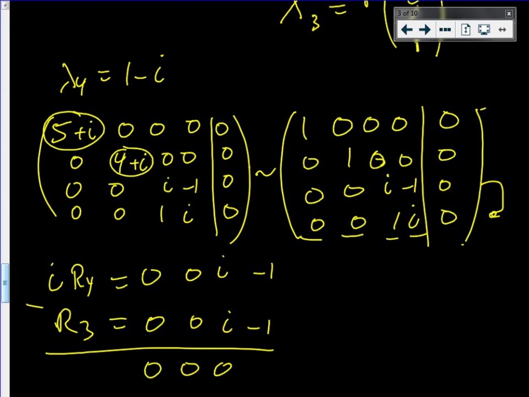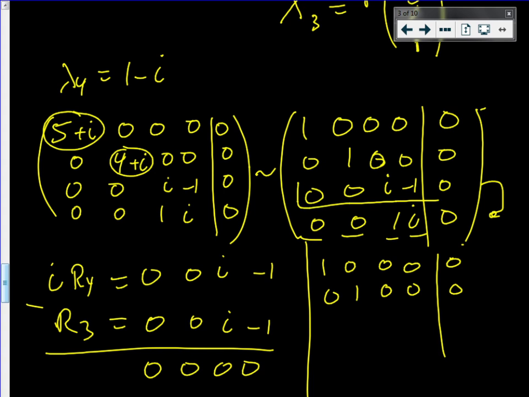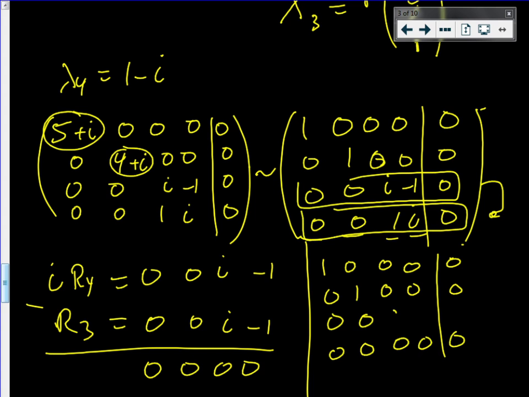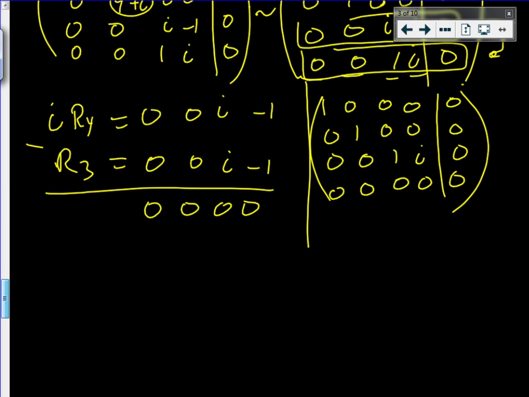So then I get a row of zeros. So I have 1, 0, 0, 0, 0, 0, 1, 0, 0, 0. This row becomes a row of zeros, which I'll put on the bottom. And this row stays like it is. It just gets moved up. Okay, so now we need to answer this.